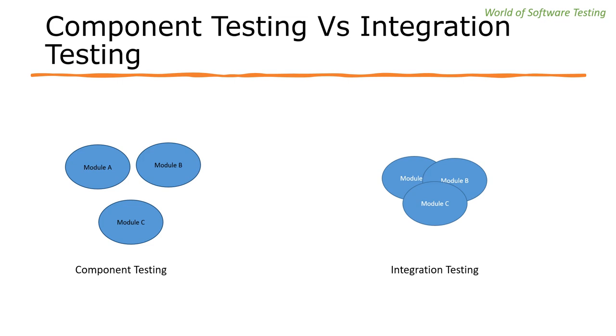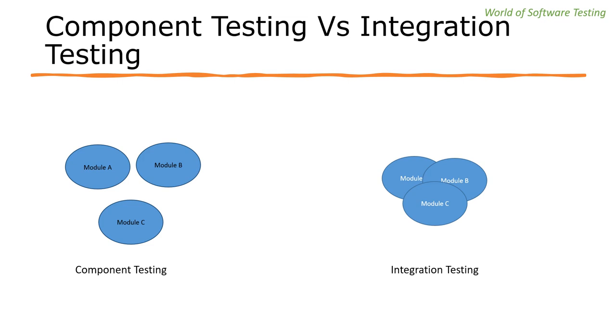So what are we doing in component testing? We are testing each and every component individually, and in integration testing we are combining those different components and testing them together. So this is integration testing, with a combination of different components. This is component testing versus integration testing.